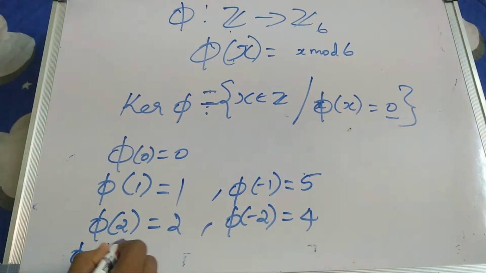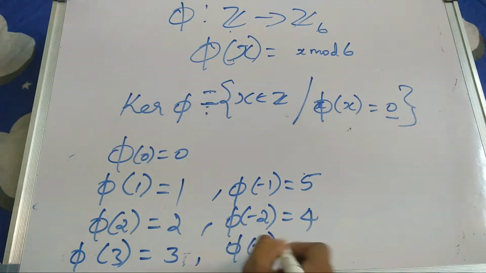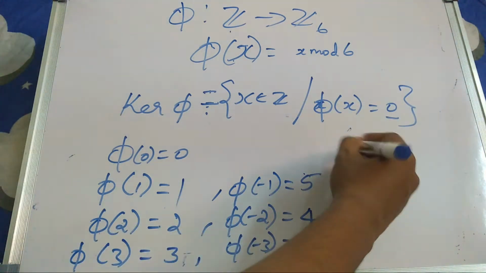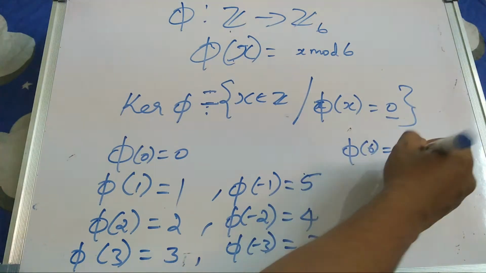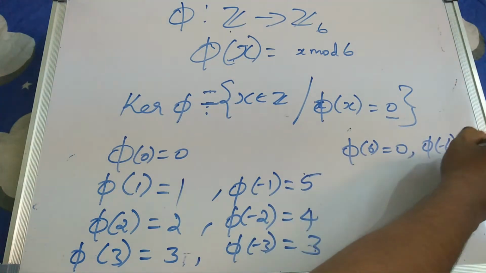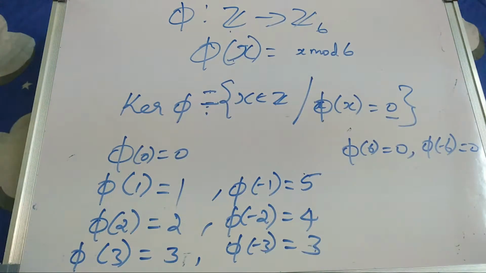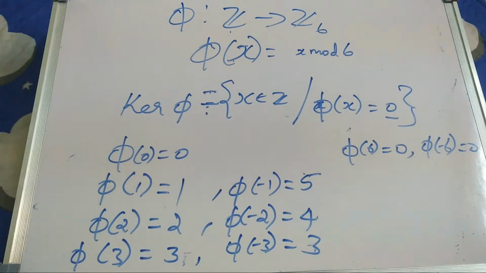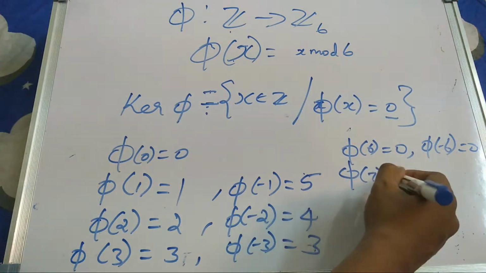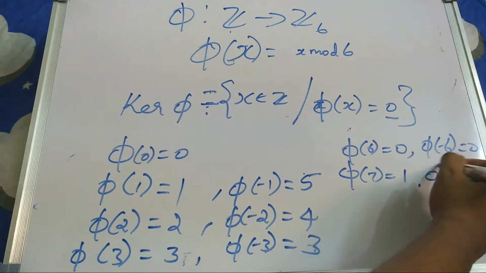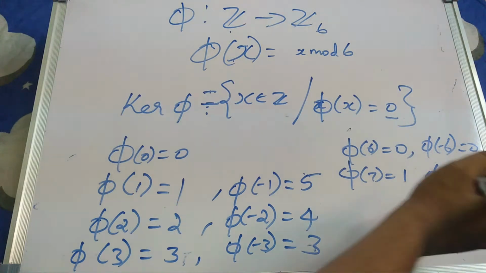Phi of 3 is 3 and phi of minus 3 is also 3, etc. If you move on like this, you will get phi of 6 equal to 0 and phi of minus 6 is 0, because 6 is congruent to 0 mod 6 and minus 6 is also congruent to 0 mod 6. Again, when we come back to phi of 7, it is going to be 1 and phi of minus 7 is going to be 5.